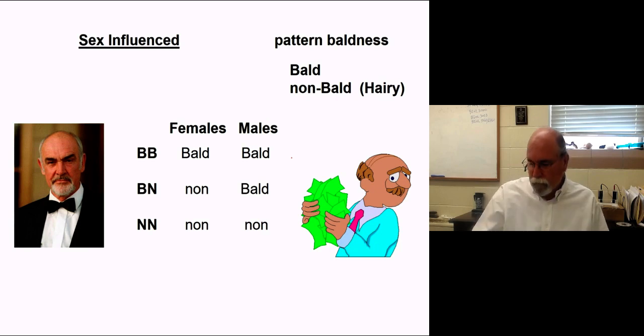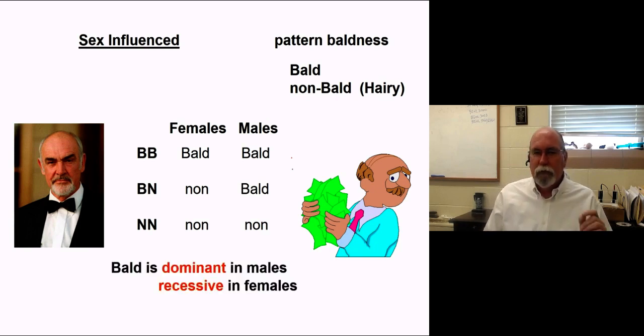All right. So what we're talking about here is some code words that often show up, where baldness is dominant in males but recessive in females. Or you could say it the other way: normal or non-bald is dominant in females, but it's recessive in males. And that goes back to those lectures a while back when we said you've got to know carefully what you're talking about when you say dominant versus recessive.